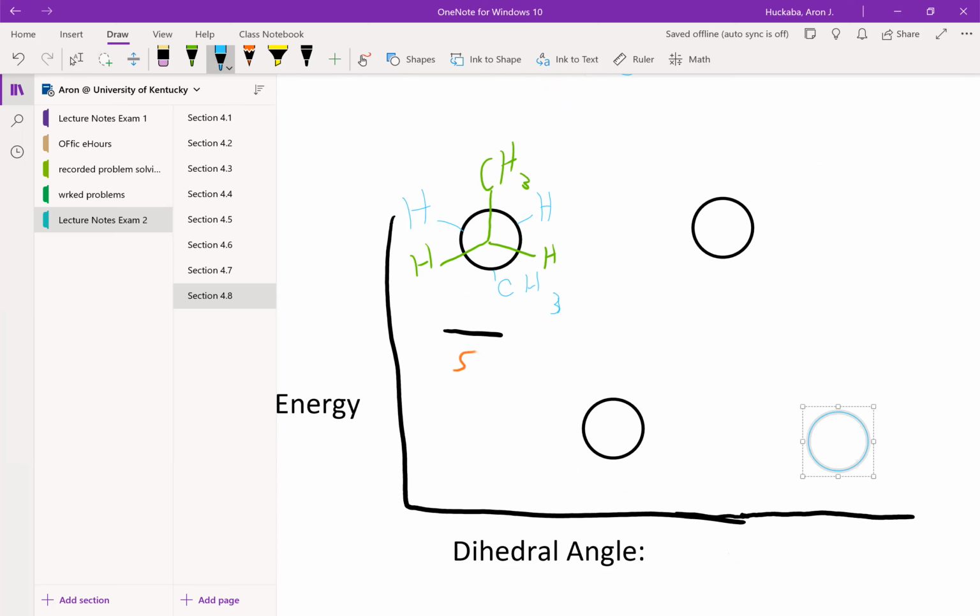So let's draw our back substituents first. Okay, and our front substituents now are going to be eclipsed. So now we have a hydrogen here, a CH3 here, and another hydrogen here.